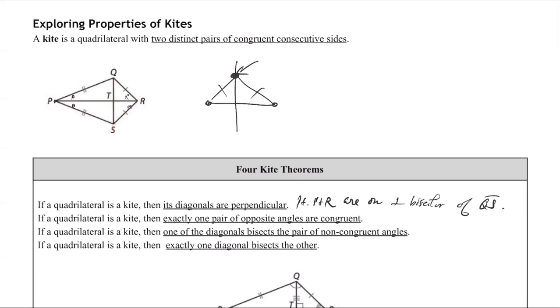If these two sides are the same, this angle and this angle are the same. So when you add these two, they have to be the same. Yep, that's how you would do that one.